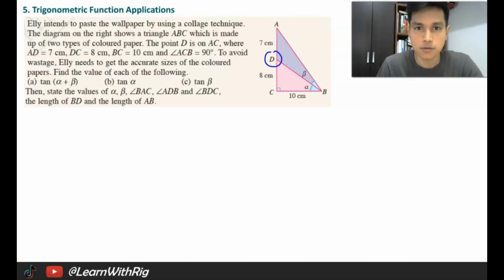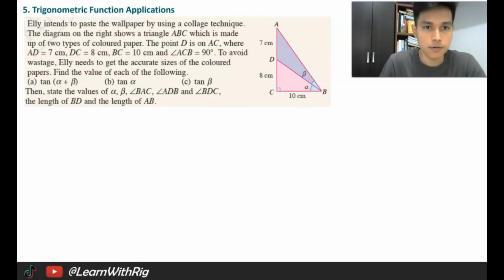AD is 7 cm, DC is 8 cm, BC is 10 cm, and then ACB, that means here, 90 degrees. To avoid wastage, Ellie needs to get the accurate sizes of the colored paper. Find the value of each of the following. So they more or less give you everything you need.